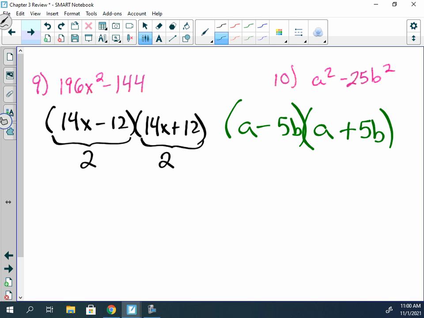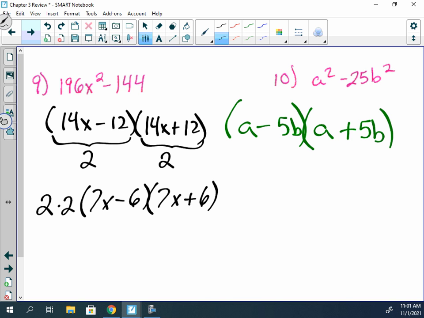So I can factor 2 out of both. If I factor 2 out of the first set, I'm left with 7x minus 6. If I factor 2 out of the second set, I'm left with 7x plus 6. Because I factored 2 out of the first set, I factored 2 out of the second. Well, 2 times 2 is 4 times 7x minus 6 times 7x plus 6.